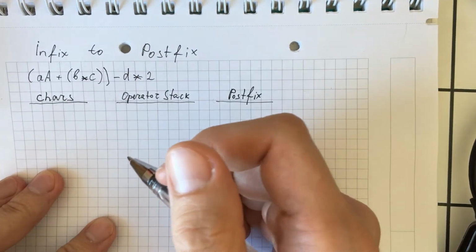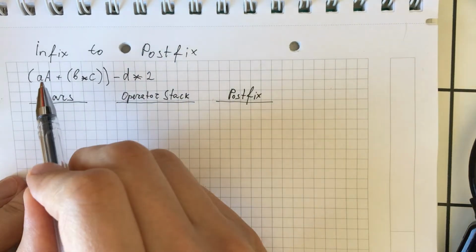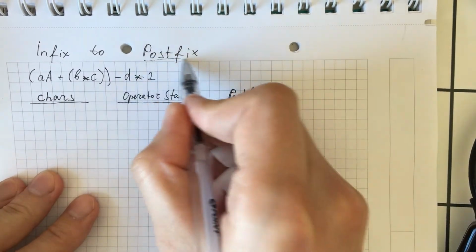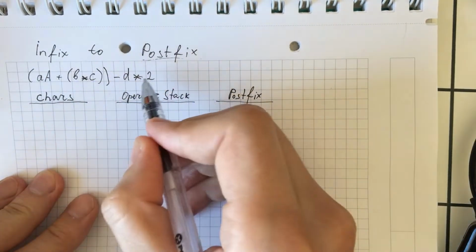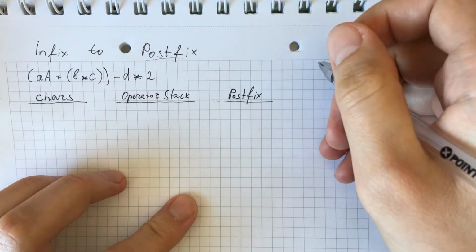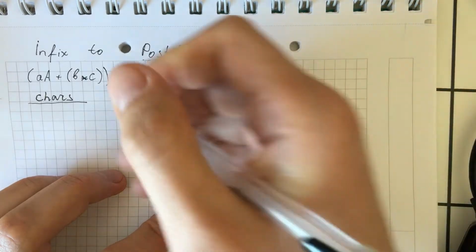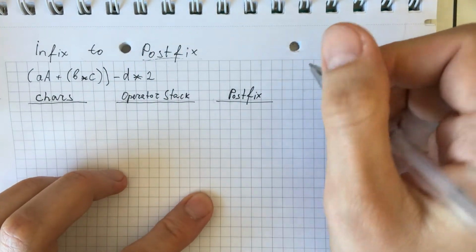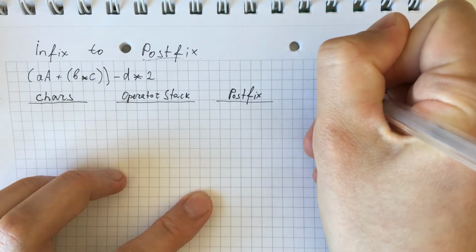So here's what I'm going to do. I'm going to try and build the postfix from the infix implementation. Now, what I have to keep in mind is that there is a precedence thing happening in operators, and those are usually like this.